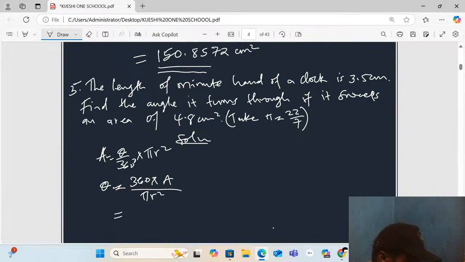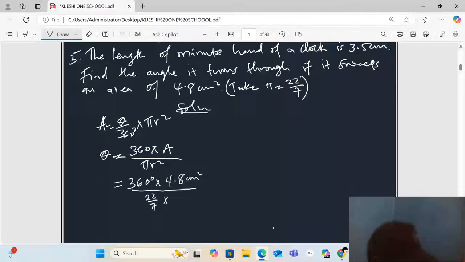Now we are going to substitute. 360 degrees times the area, which is 4.8 square centimeters, over pi times R, the radius. Our radius is 3.5, 3.5.